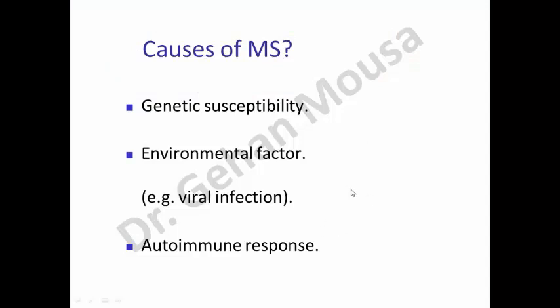Authors put about 3 theories about the causes of MS. They mentioned that it may be due to genetic factors or environmental factors, such as post-viral infection, or mainly due to autoimmune disturbance.